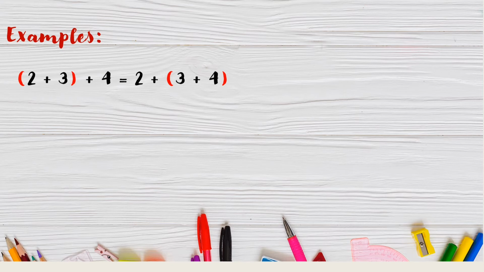So remember, if we have operations inside parentheses, you have to do this first. So we have on the left 2 plus 3. That is 5. And we will add 4. 5 plus 4 is equal to 9. On the other side, 3 plus 4 is inside the parentheses. So we have 7 plus 2. 2 plus 7 is equal to 9.